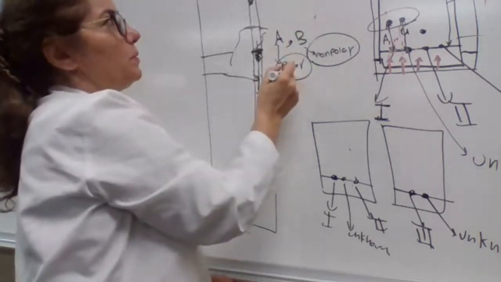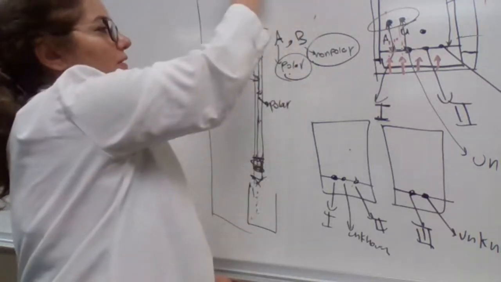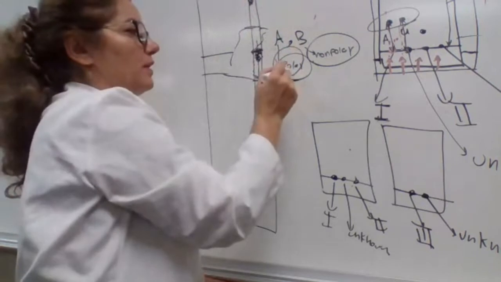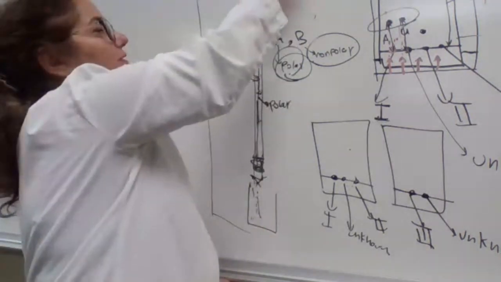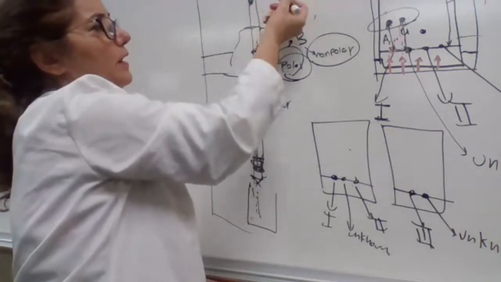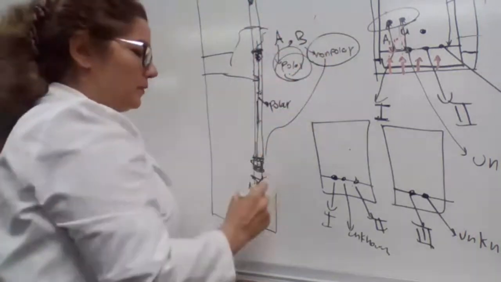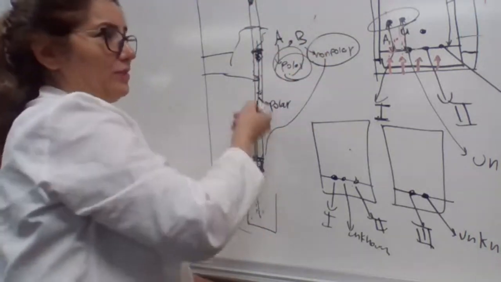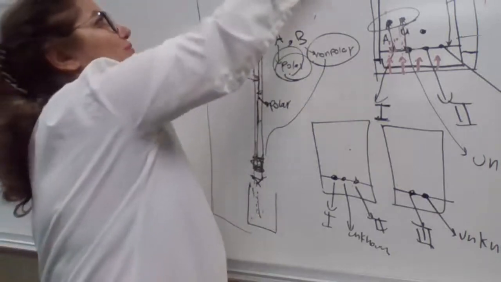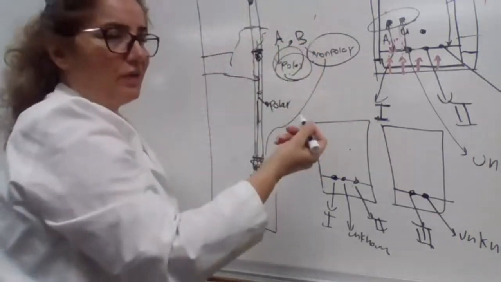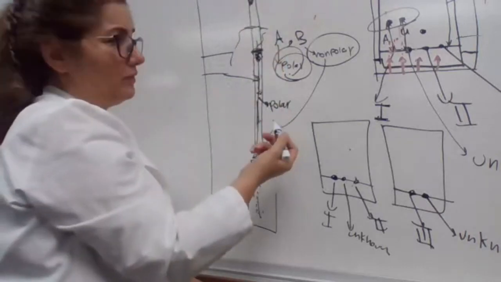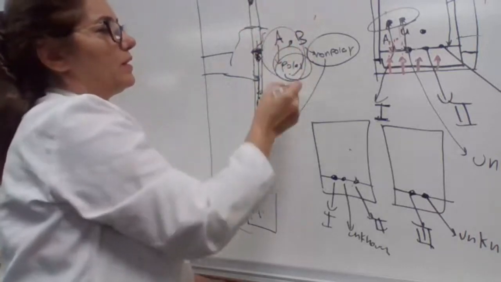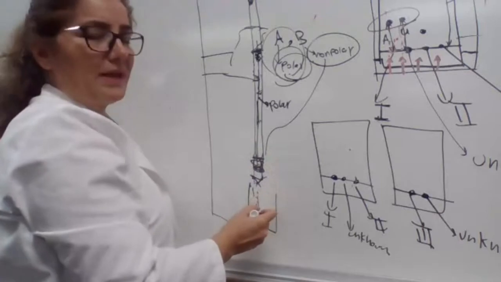So if your compound is polar, when you bring in polar solvent, it is going to wash the polar compound down. If your solvent first is non-polar, it is going to bring the non-polar down first, and then to bring the polar, you have to use a more polar solvent to wash out, or to elute, that's the proper term, the polar compound and bring it out.